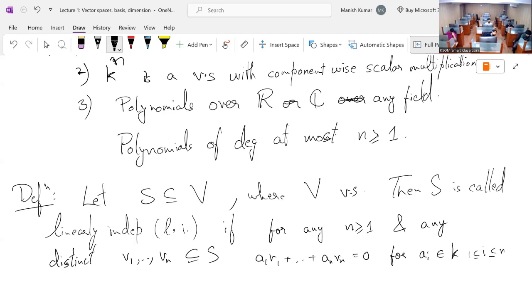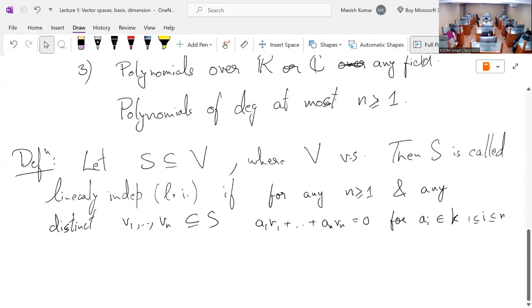So V is a vector space over K, yeah? Implies A1 equals A2 equals An equals 0. So all the coefficients are 0. Yeah? So this is what a linearly independent set looks like.